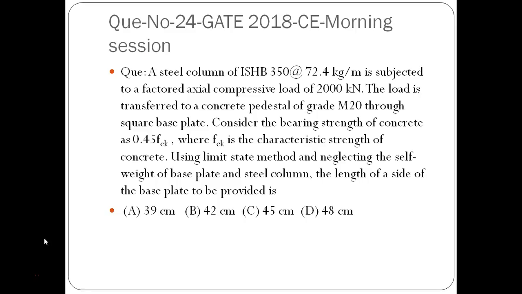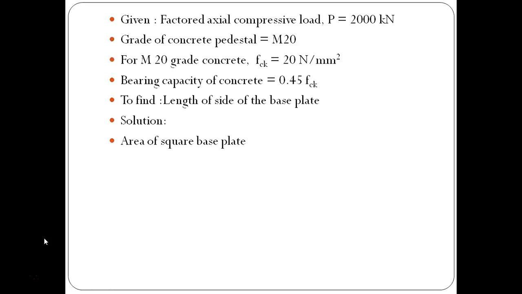So here the student needs to read the question properly. You should understand what the given parameters are and what exactly should be calculated. Here the given parameters are the factored axial compressive load, given as 2000 kN, and the grade of concrete pedestal, that is M20.